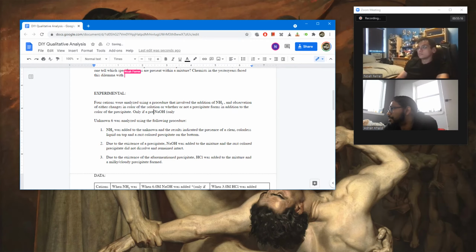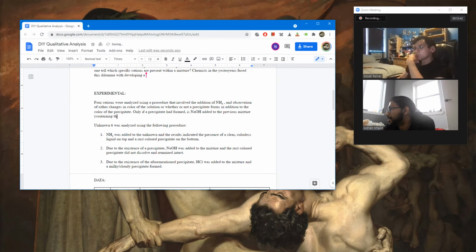Only if a precipitate had formed is NaOH added to the previous mixture containing the known cations and the NH3.